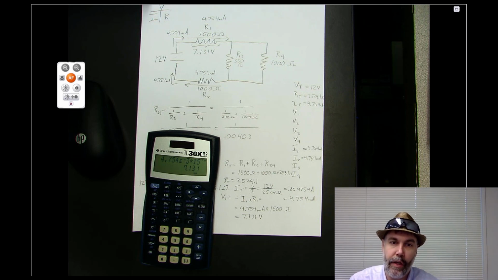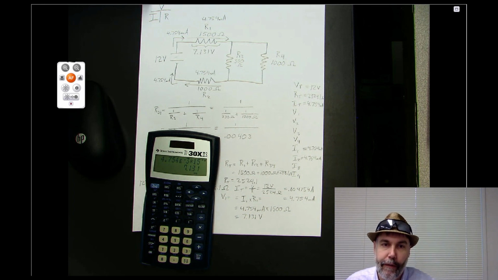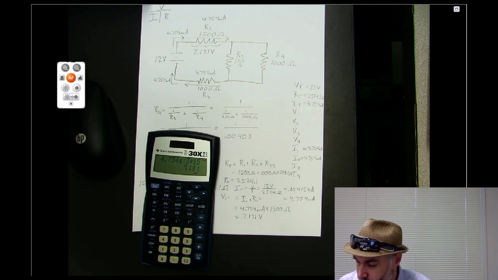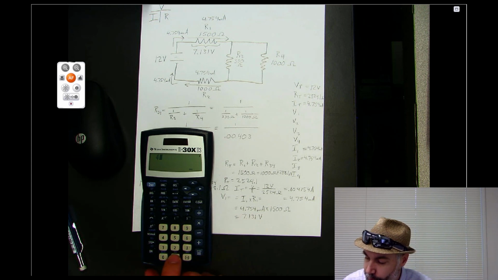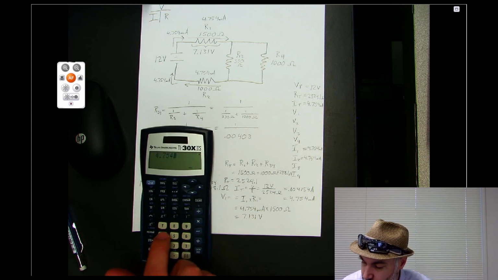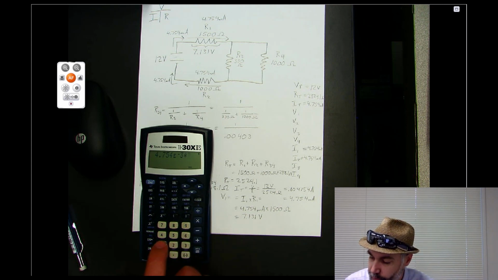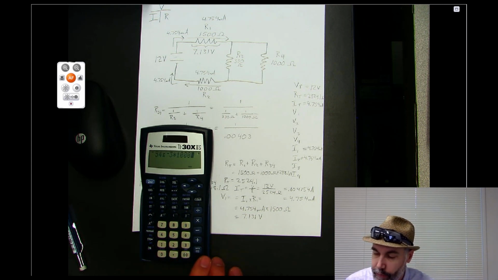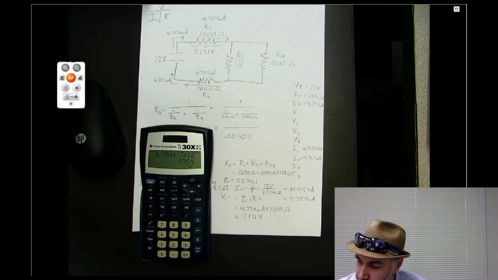And then I can do the same thing for R2 here. I know that current and I know that resistance, so I can figure out the voltage. So again, I put in the current, 4.754, and then EE minus 3, and then times the resistance, 1,000, and that gives me 4.754 volts, okay?